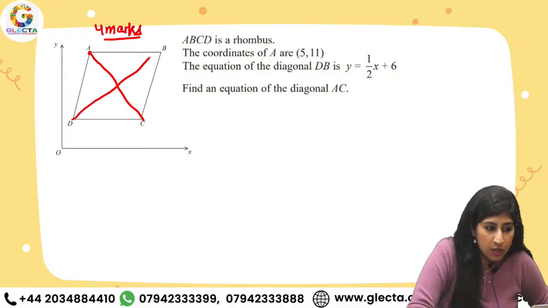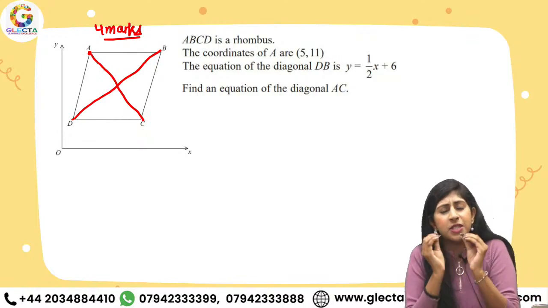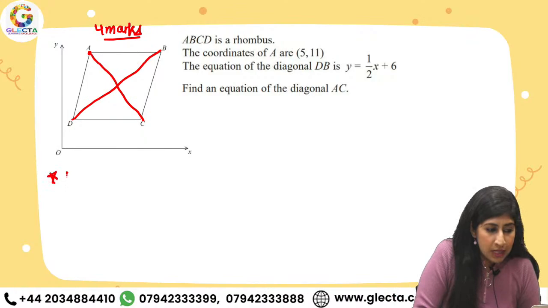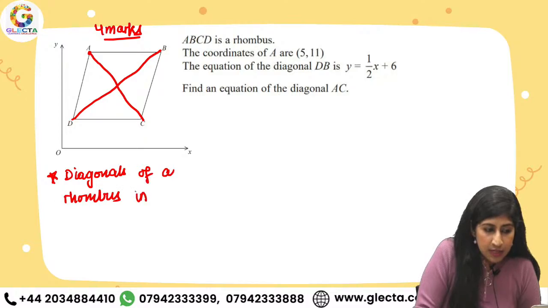They are asking me to calculate the equation of AC when they have given you the equation of diagonal DB. Now a simple property that I'm going to use: diagonals of a rhombus intersect each other at 90 degrees.